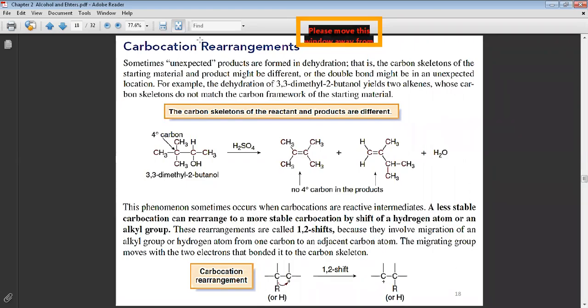We said before that if you have a carbocation and there is any possibility of rearrangement, do it. If you can rearrange the carbocation from primary to secondary or from secondary to tertiary, please do it.